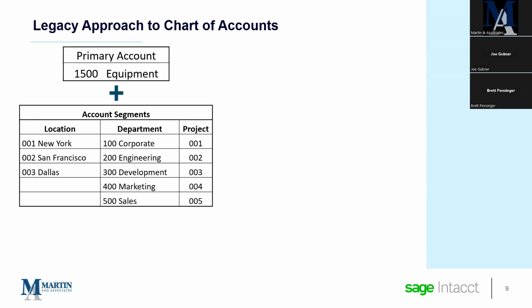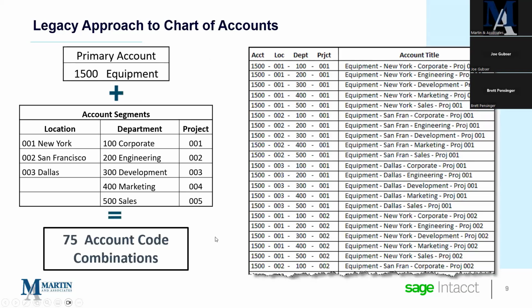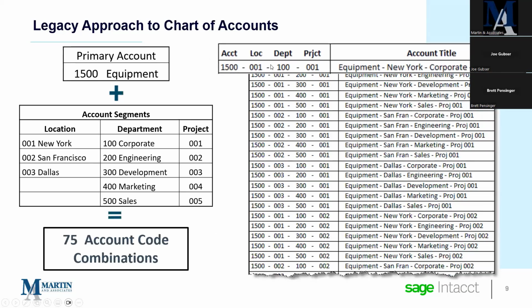If we were going to make this equipment account be available for all the different combinations of locations, departments, and projects that we see here, that one main account would create 75 different combinations of accounts out in your chart of accounts. So you see how your chart of accounts can grow exponentially pretty quickly. So that one account, 75 accounts based on these segments.